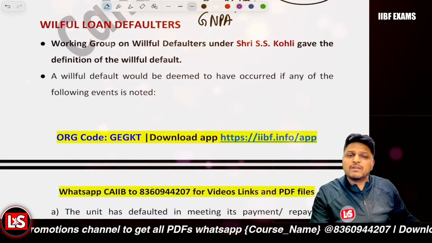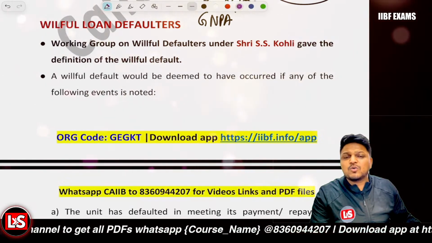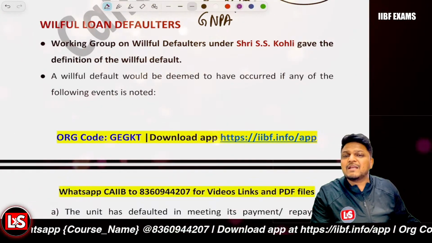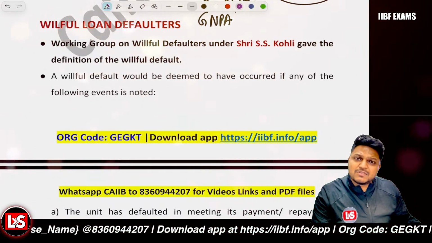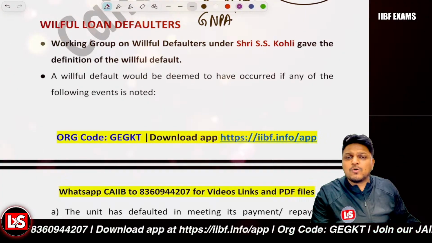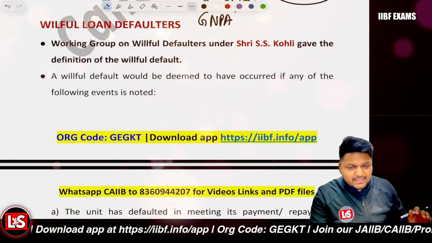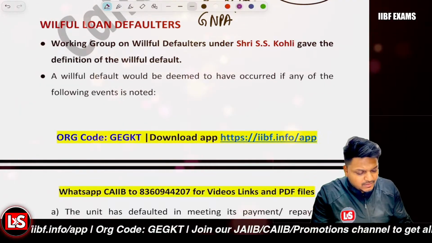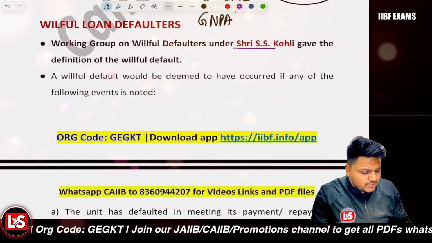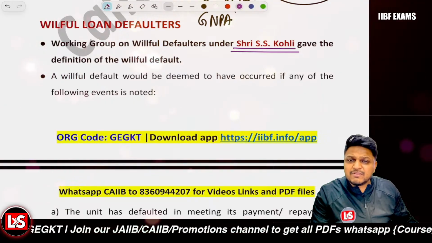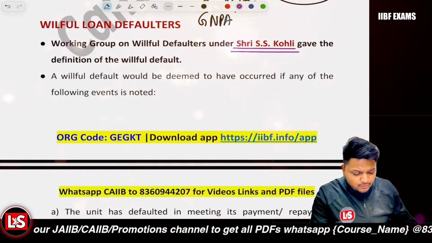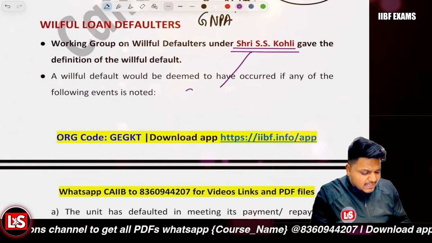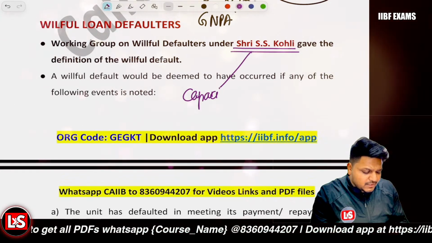So a willful defaulter is a person who deliberately defaults in repayment despite having repaying capacity, or who misuses the funds, or diverts the borrowed funds. And there is a definition given by the SS Kohli working group. As per the SS Kohli working group, a borrower is classified as a willful defaulter if these conditions are there. The first part of the definition: you have the capacity to pay but you do not pay.